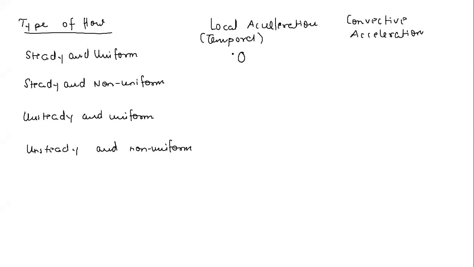Now, what about the convective acceleration? Is it going to exist or will it be zero? Think about that. The flow is steady and uniform. Sir, convective acceleration will also be zero because there is no change in the position of the object also.